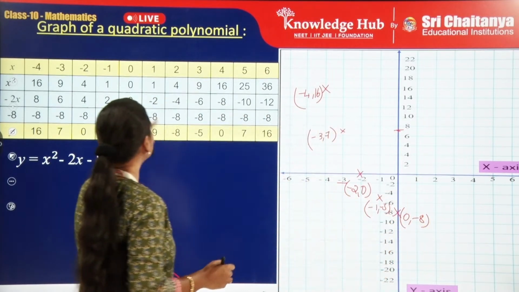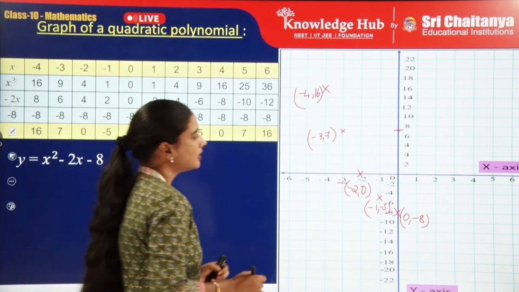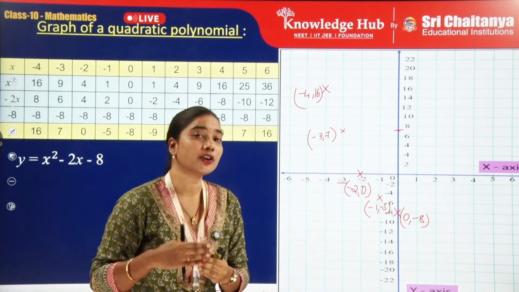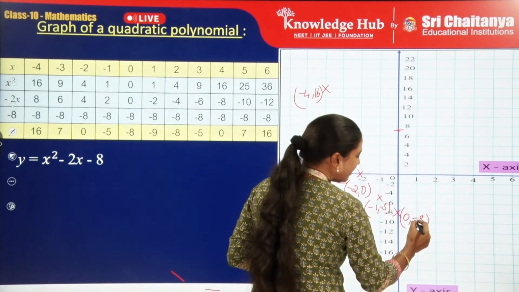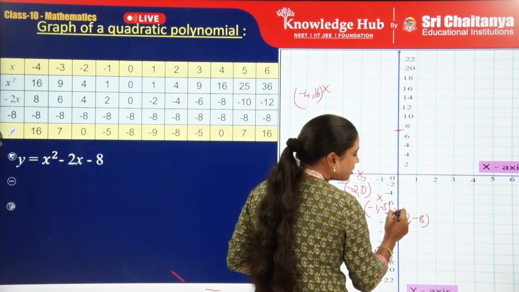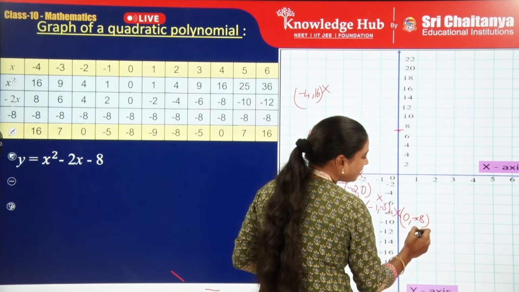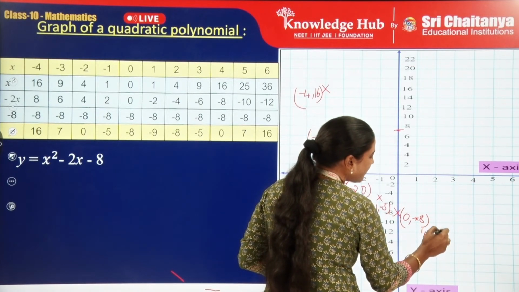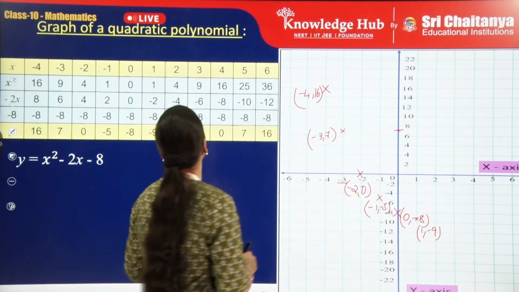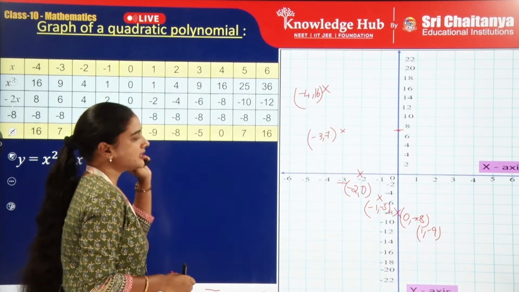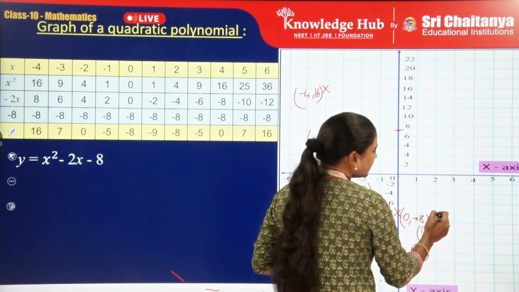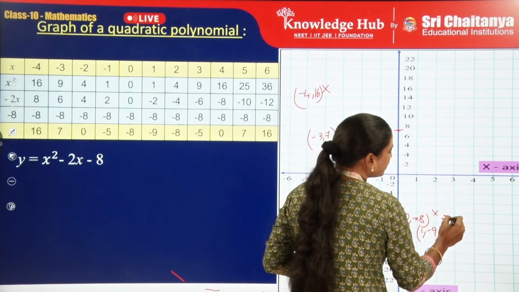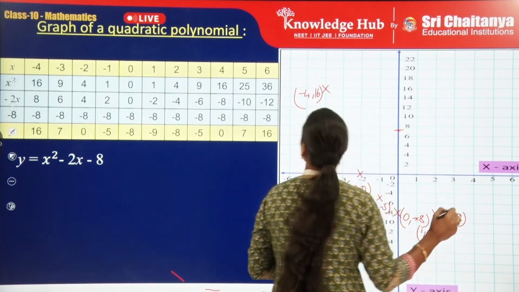And the next point, 1, -9. The x coordinate is positive, the y coordinate is negative. -9 lies between 8 and 10, hence the point will come here, 1, -9. And 2, -8. The x coordinate is 2, the y coordinate is -8, hence the point will come here, 2, -8.